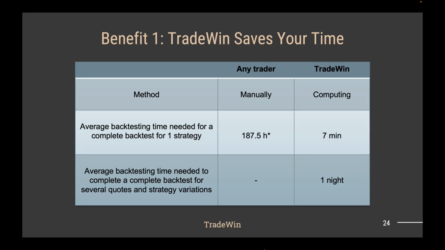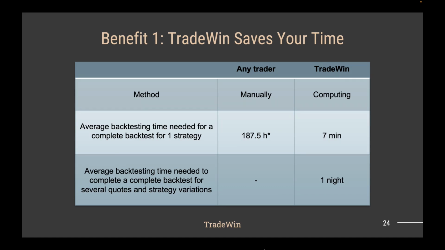And if you want to test variations of your strategy, or several quotes, several trading instruments, it will be impossible to do that manually. TradeWin can do this in one night. That's the main extraordinary thing about TradeWin.